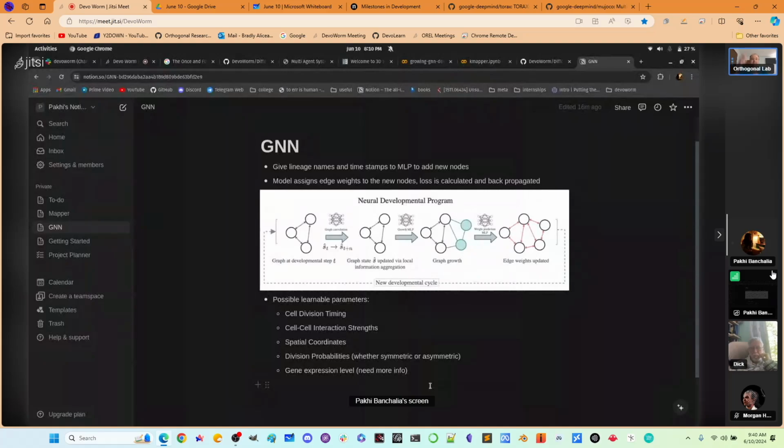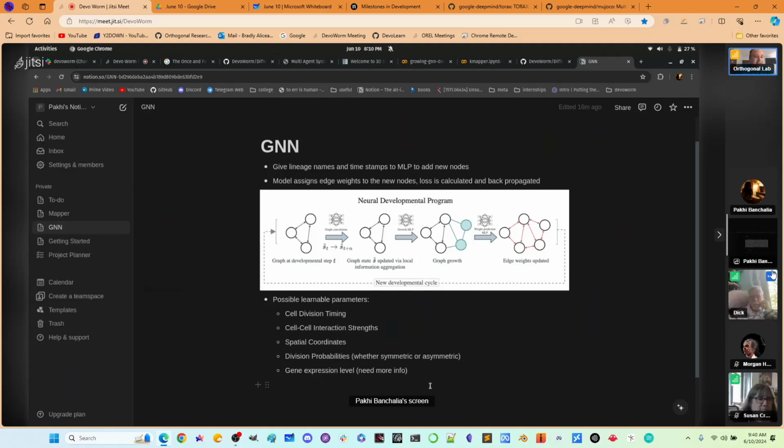But basically, we know from microscopy that the AB cell should be at the anterior end, P1 should be at the posterior end, and then with the divisions, the cells will be in the same vicinity, so ABA and ABL will be in the same vicinity. They'll just be in different locations. So we kind of know where things should be. So we do have those spatial coordinates. They're estimates or approximations of actual location, but we know kind of where they should be.